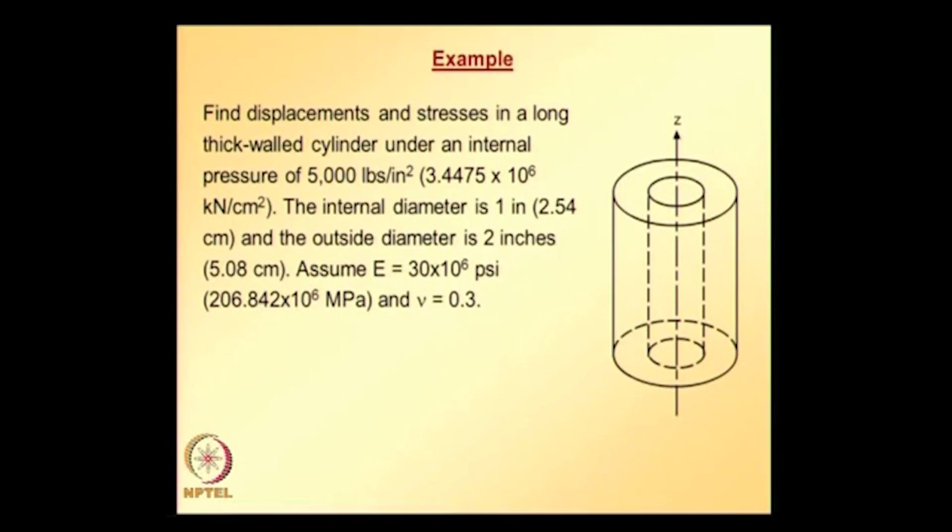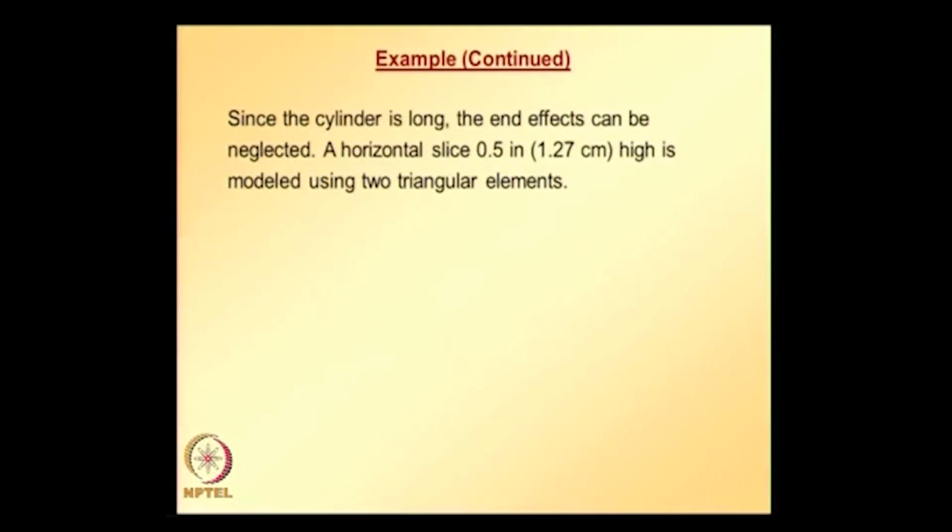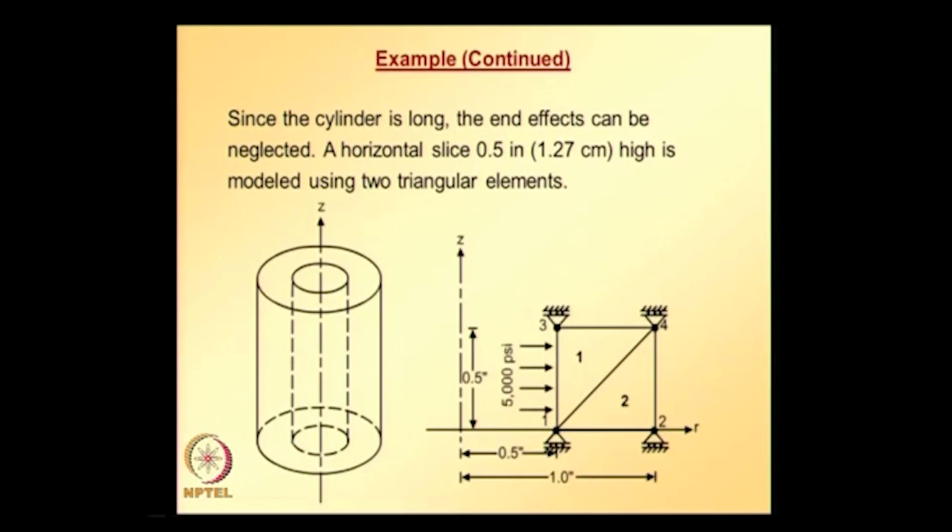But before we do that, since this is a long thick cylinder, we need to also decide how we are going to model the end effects, or how we are going to model this long cylinder. Since the cylinder is long, the end effects can be neglected, and this is how it can be modeled.